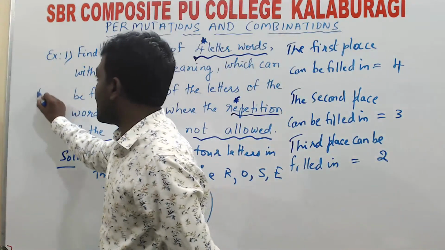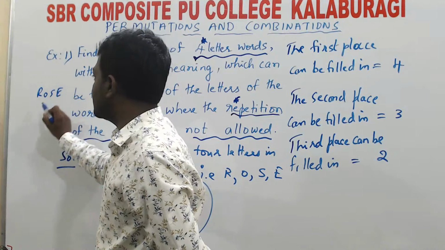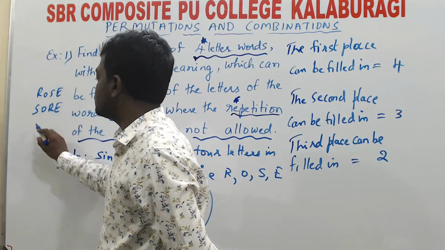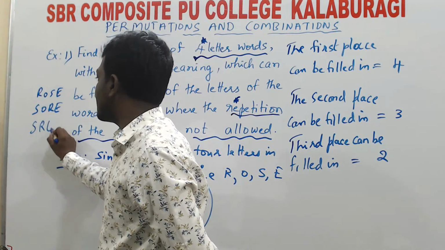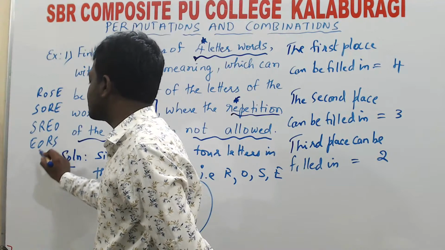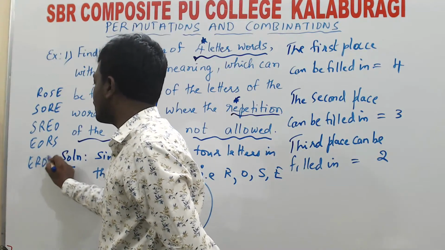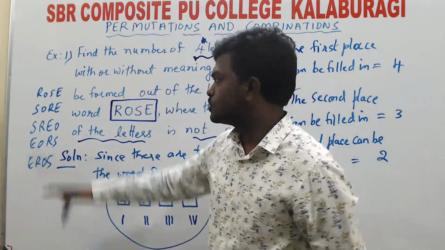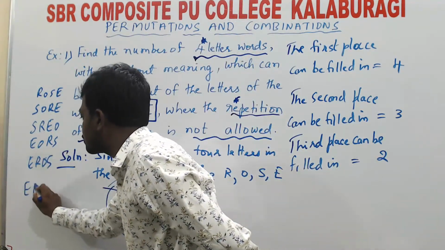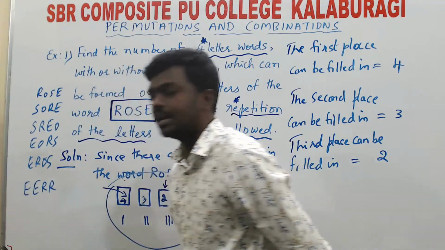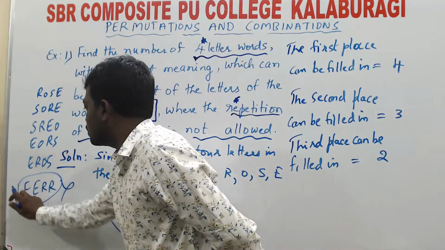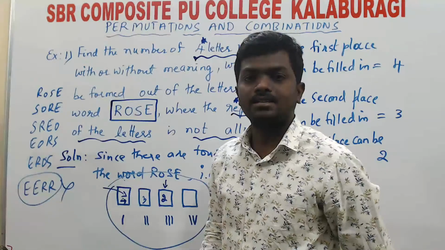It can be the arrangement ROSE, or SORE, or SREO, or EORS, or EROS, like this. And they are telling us the letters shouldn't be repeated, so this is not the arrangement that they are asking.